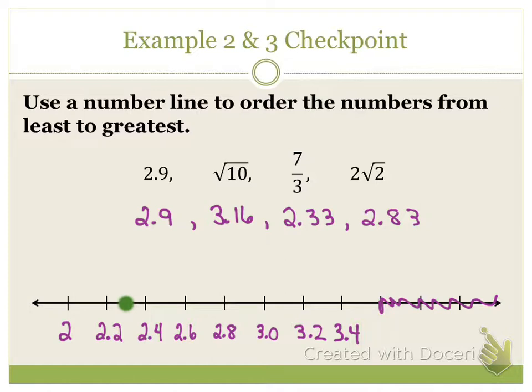All right, and then yes, I need to go ahead and label it 2.33. All right, and then it goes 2.83. So kind of like right there. 2.83. And then, wow, that one's still pretty close, 2.9.